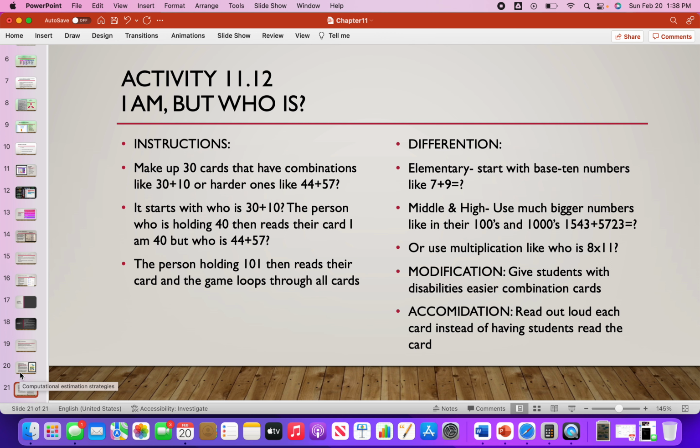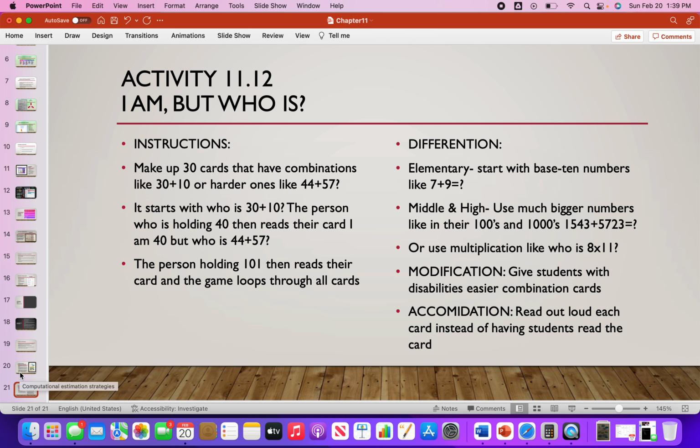And of course, for older students, you can give them harder ones like multiplication or division facts. Modification gives students with disabilities easier combination cards. Gives students who are gifted cards with harder combinations.